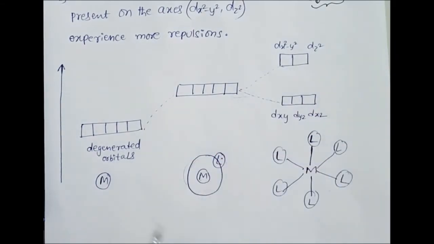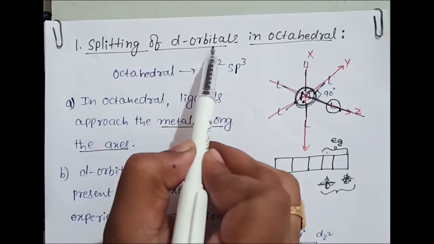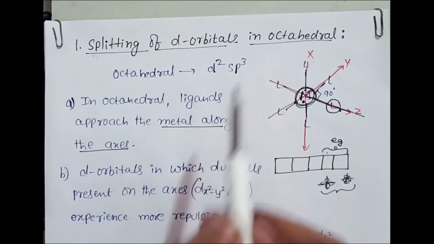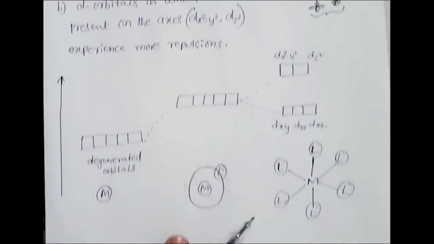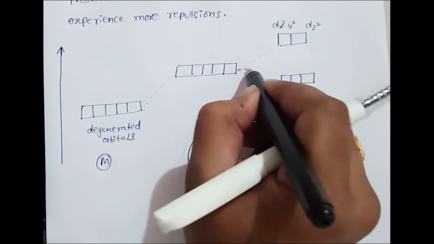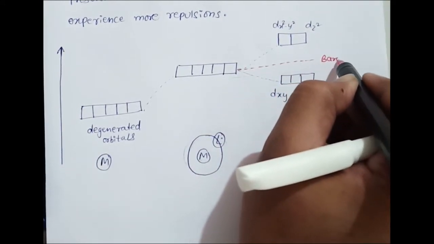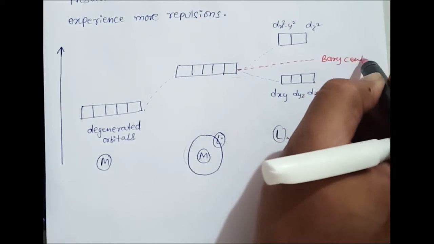This is what I said, splitting of d orbitals. I said in the beginning of the topic, splitting of d orbitals in octahedral system. How they have split, you just see. Now here the middle point is known as the barycenter, meaning the energy barrier.